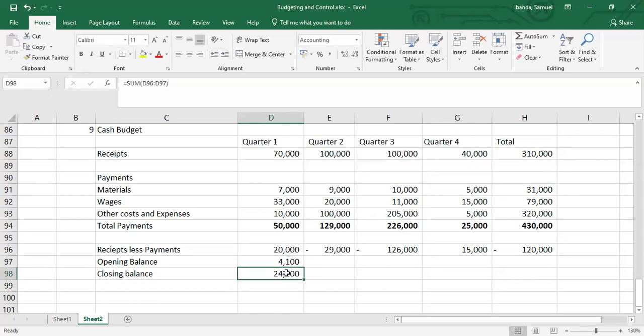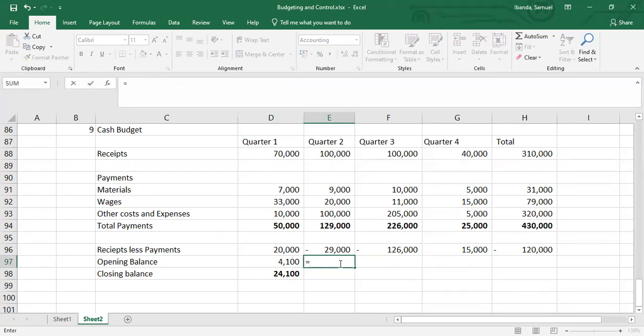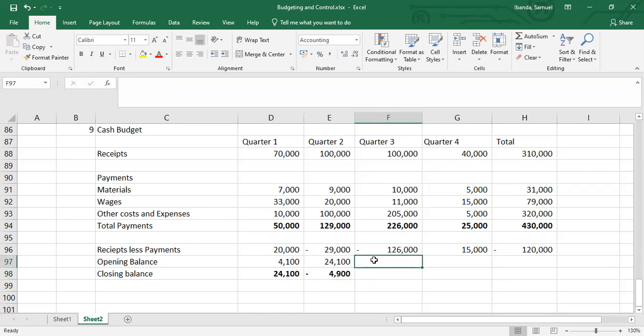And remember, the closing balance here should be the opening balance in this place. So this will be the opening balance right here. When you add the receipts less payments and add the opening balance, you should be able to determine your 4,900. So this will also now be here.